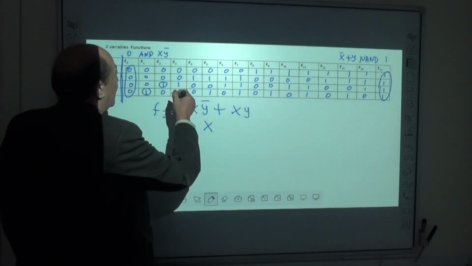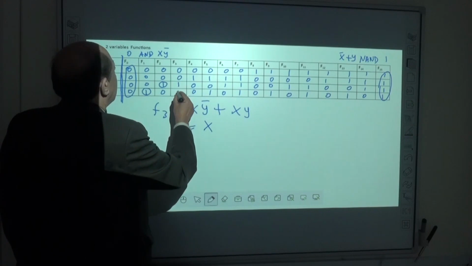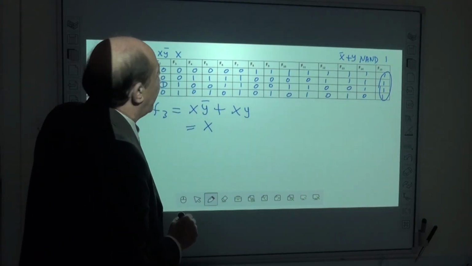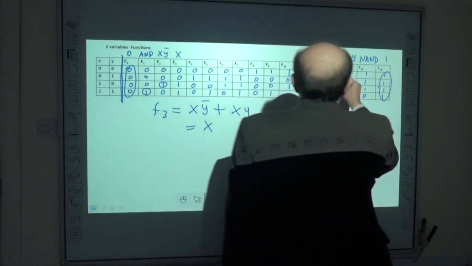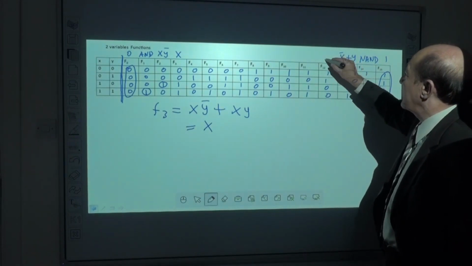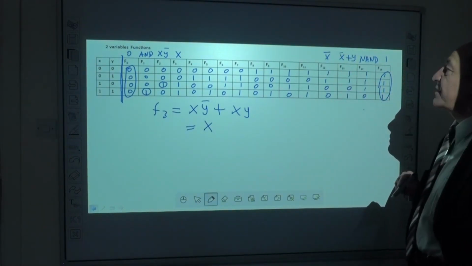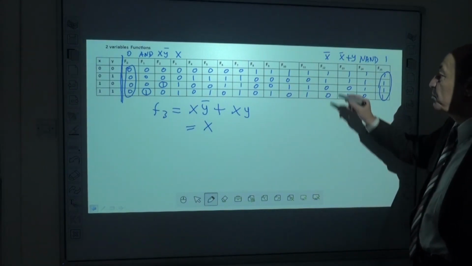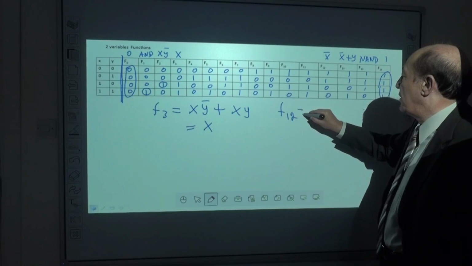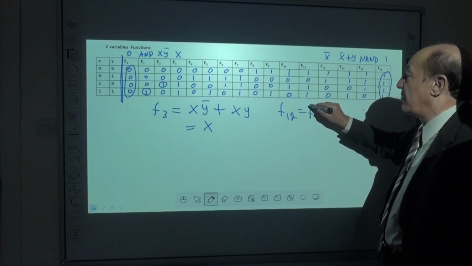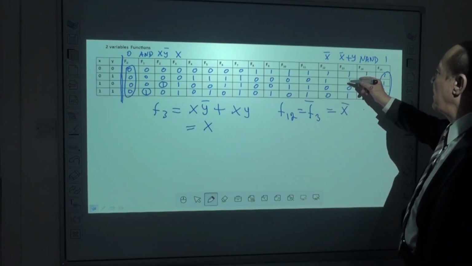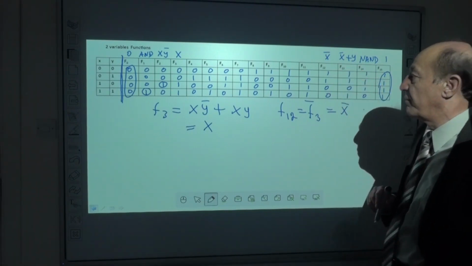So f3 is equal to x. And f12, you can see it directly, it is not x. Since f12 is the complement of f3, it is not x, directly from the table.